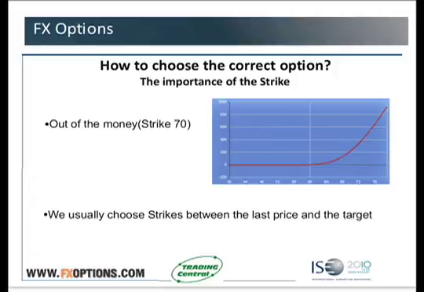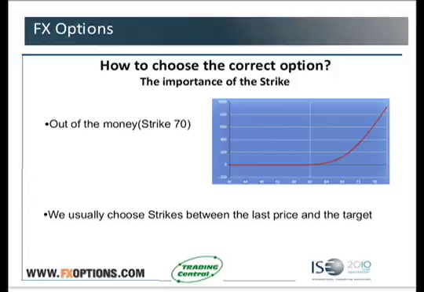As some of you may know, options are calculated through three parameters, which are strike, time until expiration, and volatility. Private investors only have the choice between the strike and the expiration, as I showed you before.